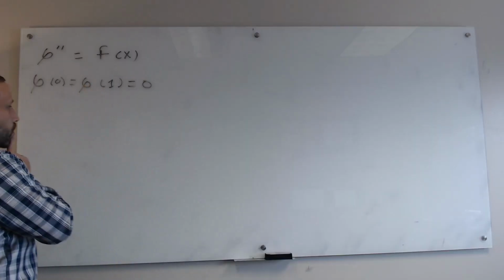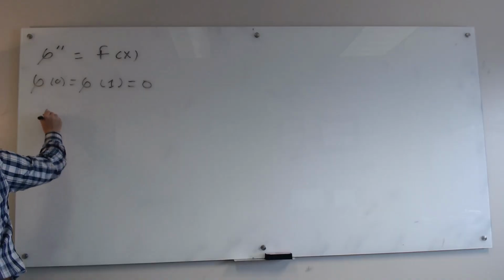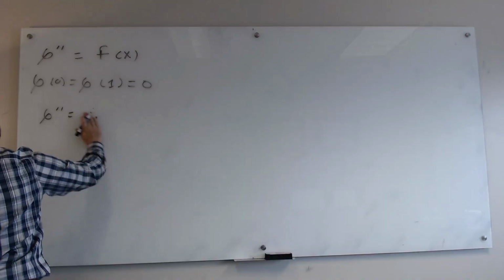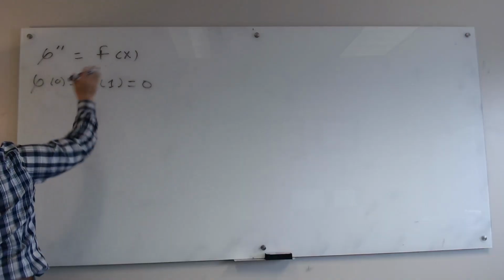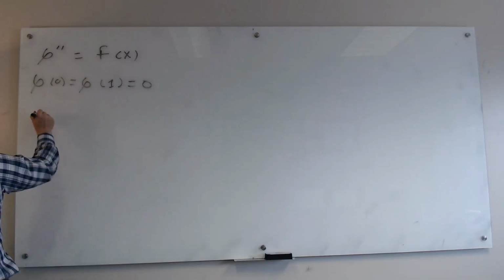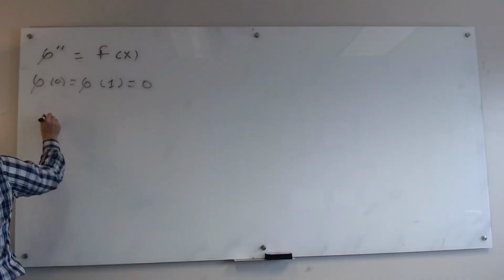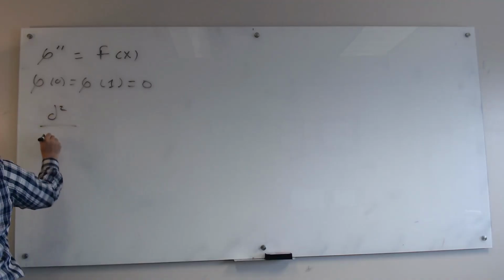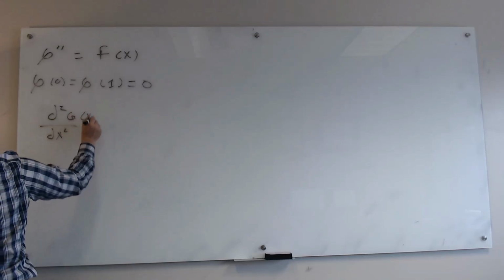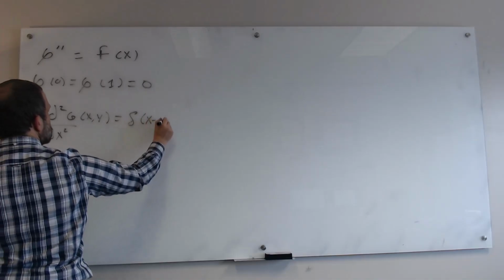Okay, so here's what we're going to do for this problem. The Green's function is going to satisfy this differential equation with the Dirac delta function here. So in other words, the second derivative in the x variable of g is going to be equal to delta of x minus y.